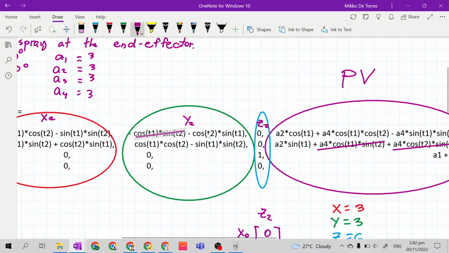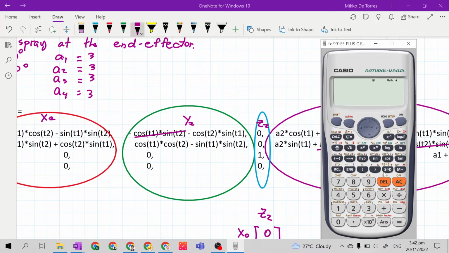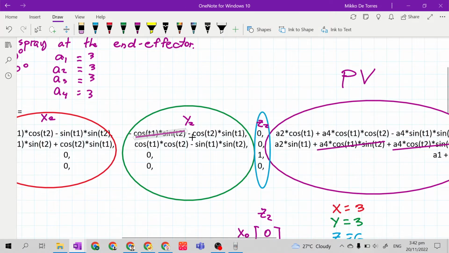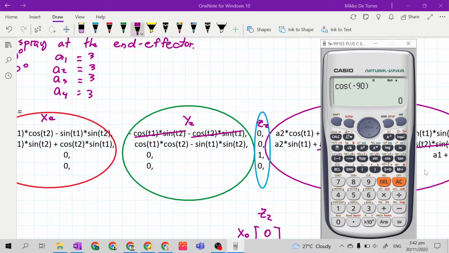Cosine negative 90 is also 0, so this is already 0. 0 minus 0. Then cosine 90 is 0, while sine T1 is 1, since sine 90 is equal to 1.